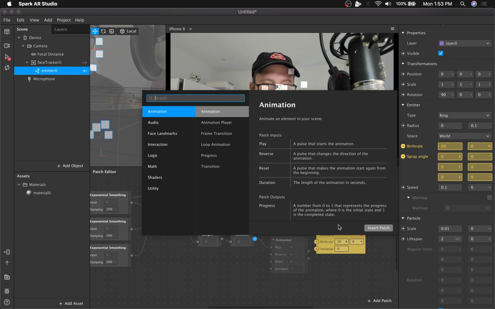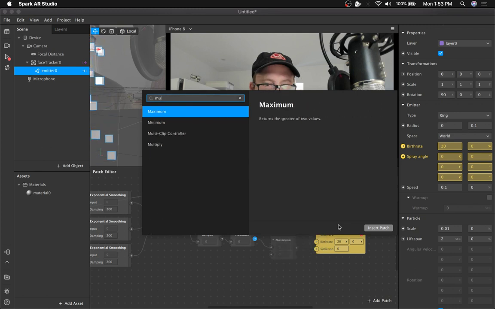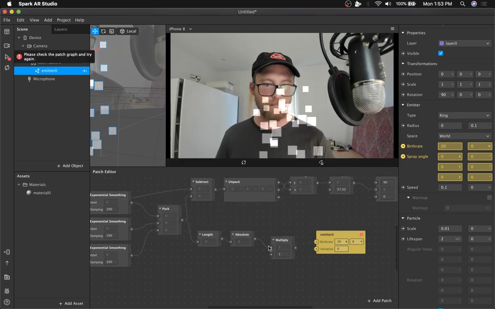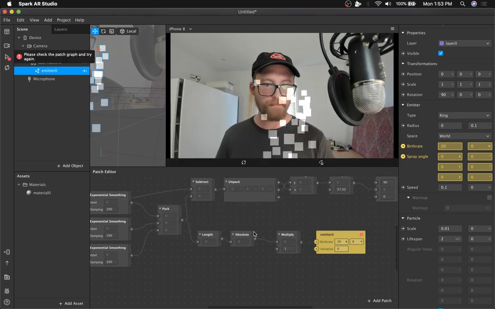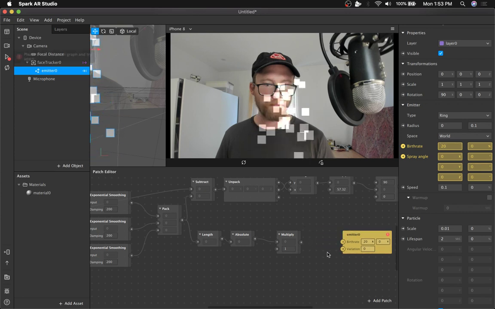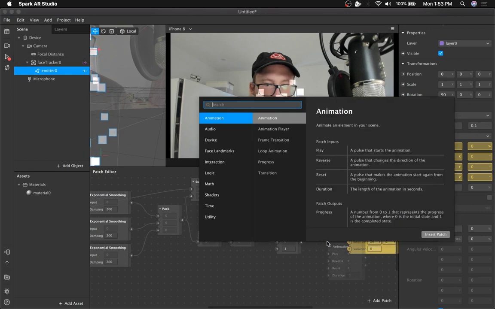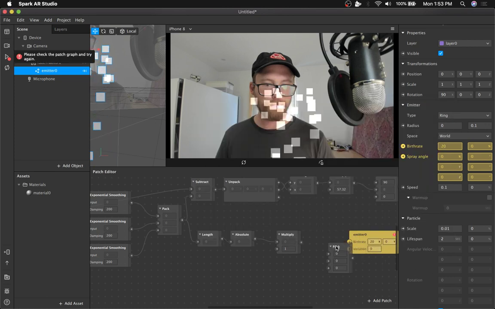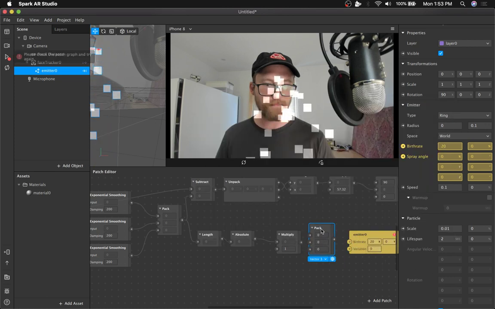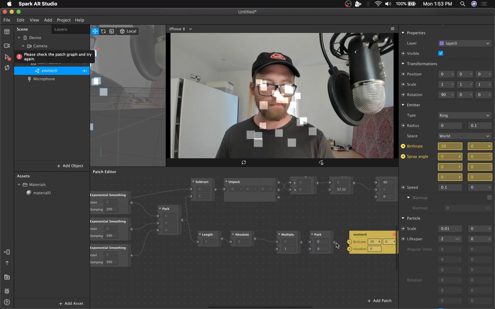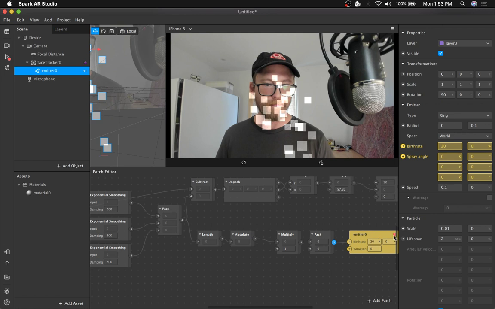So I'm going to add a multiply to this because we're going to need to increase this value. We're going to pack in vector 2, I guess. Seems like that's what it wants.